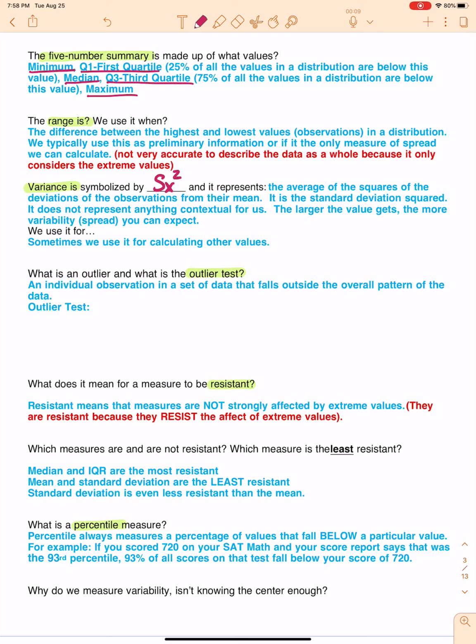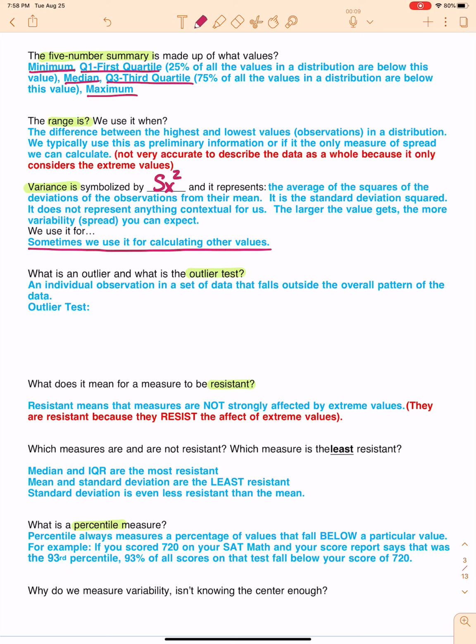So as that comes up, we will address more issues with it. Know that sometimes we use it for calculating other values, and that is going to be particularly of value to us later on in different units. But again, I will address that as we get closer to it.